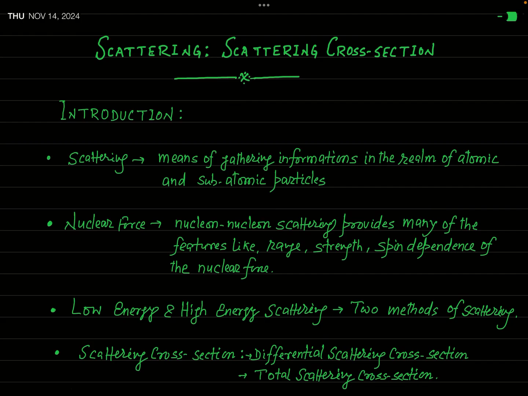Okay. So the scattering theory starts from the Rutherford scattering experiment, which was performed by Rutherford and his students Geiger and Marsden. And you have seen that when an energetic beam of alpha particles strikes a thin gold foil, then most of the alpha particles pass through the gold foil undeviated, but some of them deviate by a large angle.